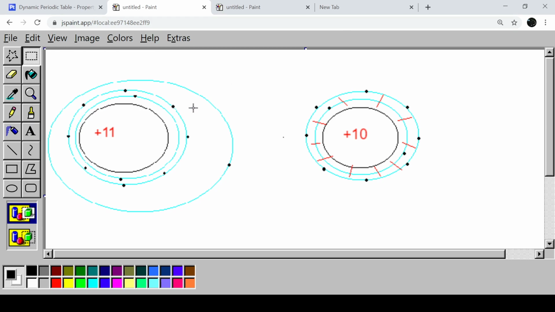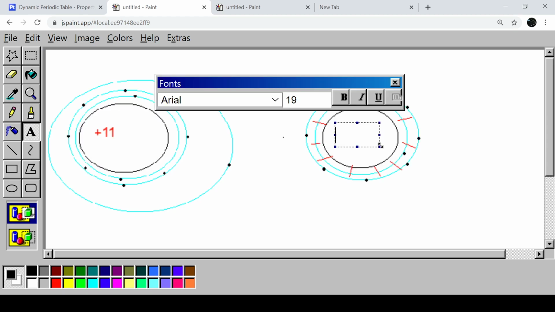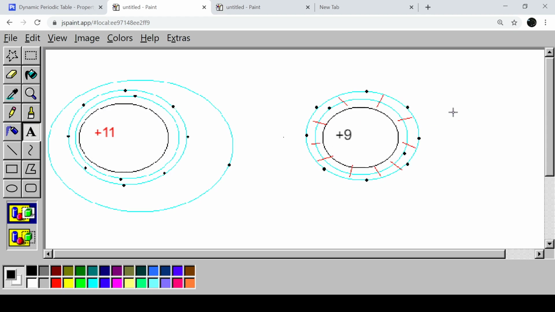And actually, we need to go ahead and make a quick change on this one right here. We're going to go ahead and change it to essentially B plus 9. And we're going to remove an electron. Okay.